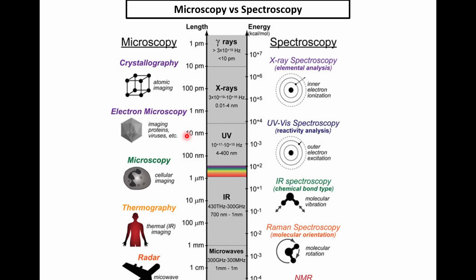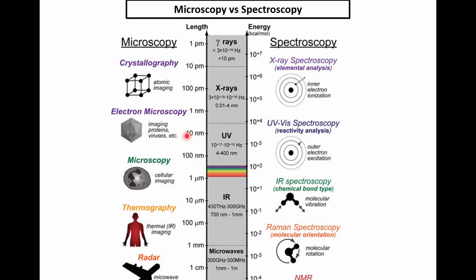In X-ray spectroscopy, as the name itself says, the wavelength used to excite the innermost electrons is X-rays. In UV visible spectroscopy, the UV and visible range of wavelengths is used to excite the electrons which are mostly present in the outer shells.